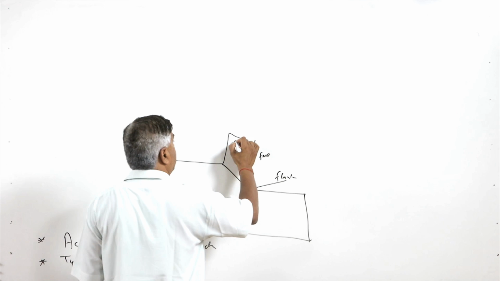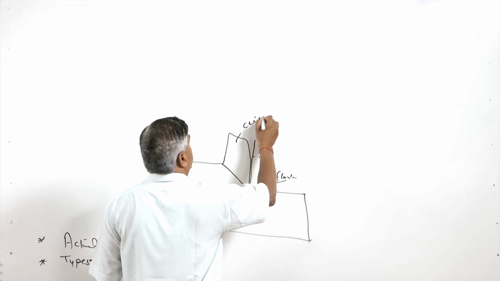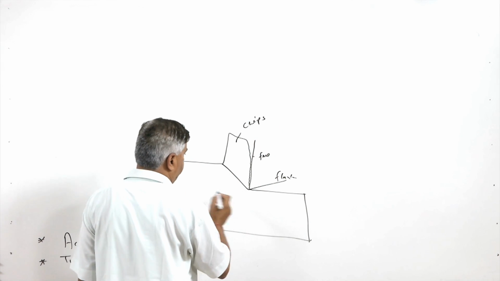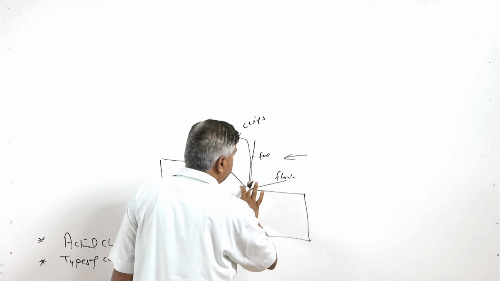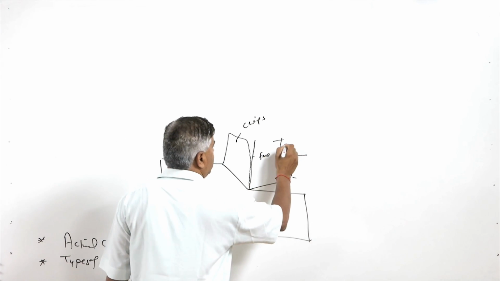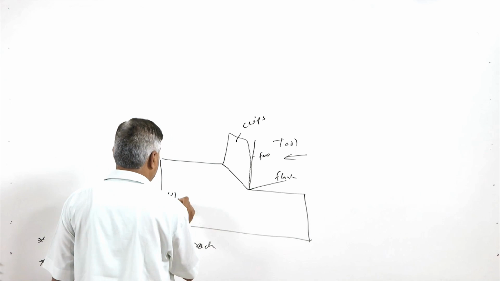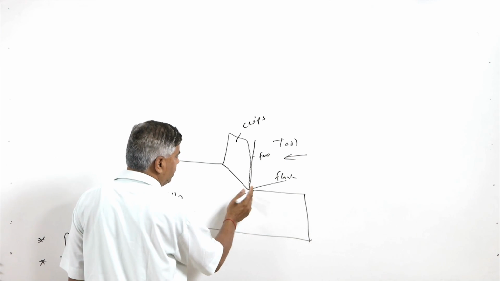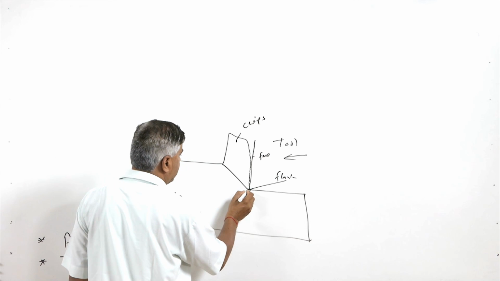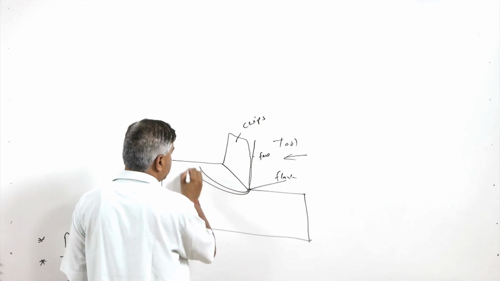These are the chips which are being formed. Due to the relative motion between the tool and workpiece, the material ahead of the cutting edge is compressed or stressed like this.